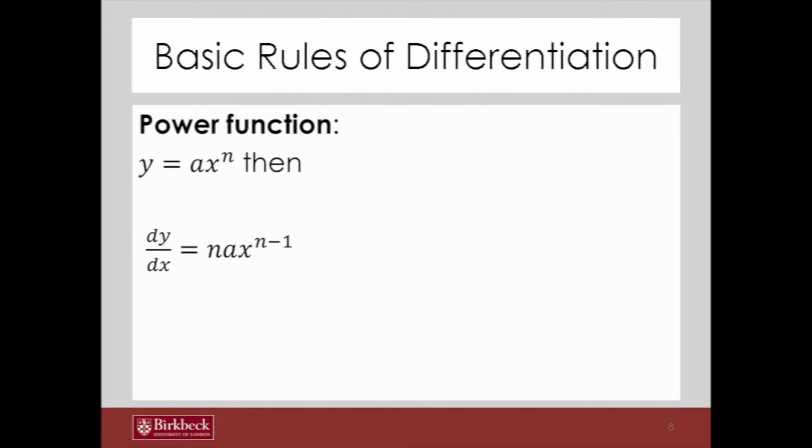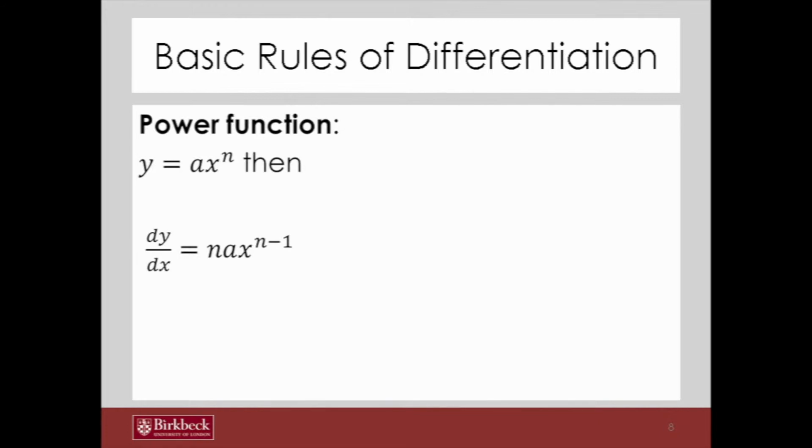But knowing these 3 basic rules, the constant, the linear functions, and the power function that I'm just going to introduce you to, will be enough to carry out calculations in microeconomics for business. If you are interested, you're more than welcome to go and look into more details. But if you don't have time, don't worry, these are perfectly sufficient to help you through microeconomics for business.